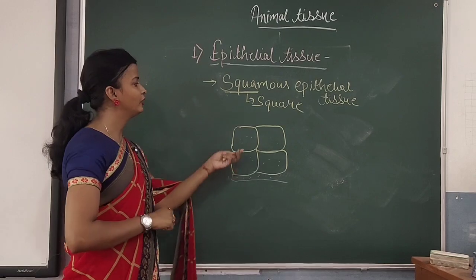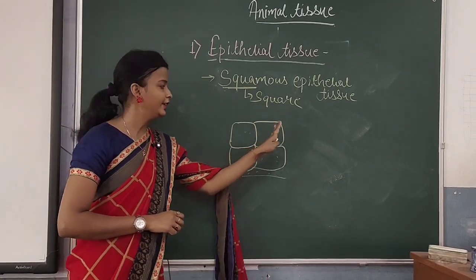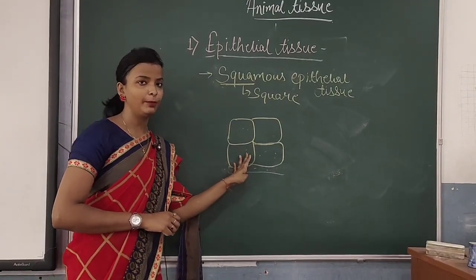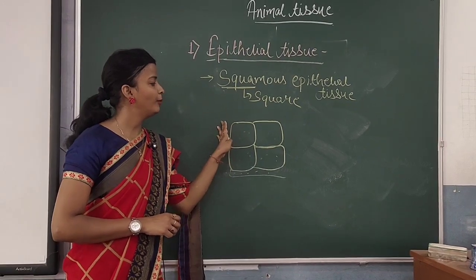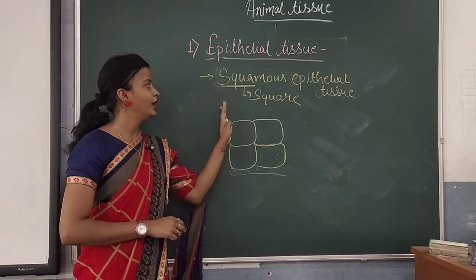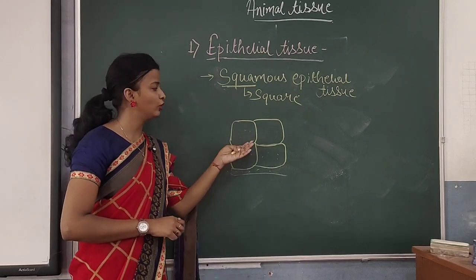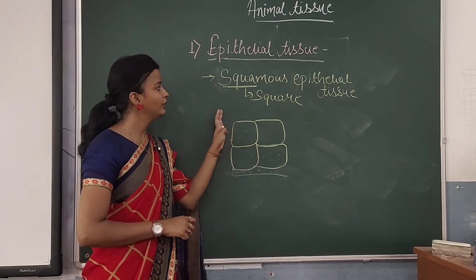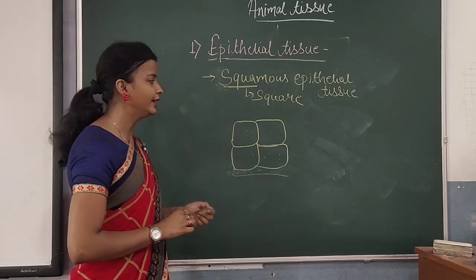This is the main structure of squamous epithelial tissue. If you want, you can take a common example of floor tiles. They are flat or square in shape. Similarly, the squamous epithelial tissue also has the same structure.